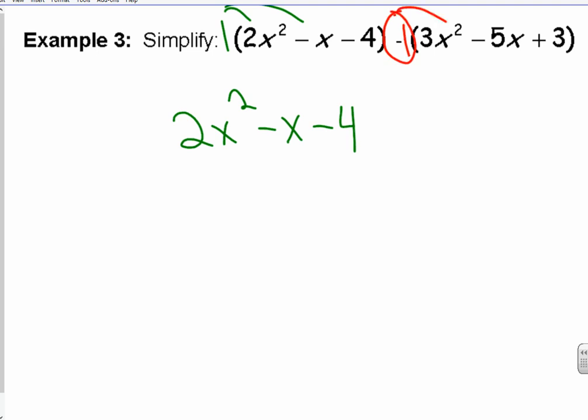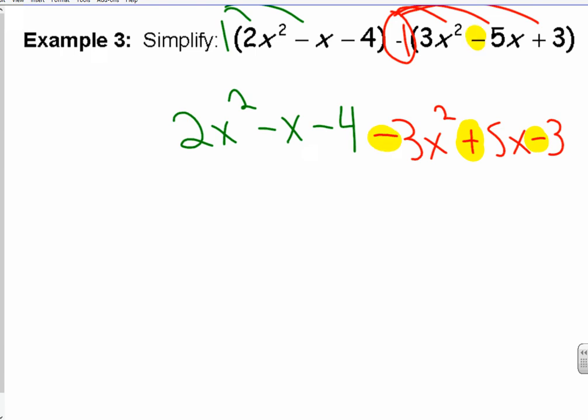And when I distribute that -1, it changes all of the signs. So again, take a look at that. You'll notice it changes all of my signs. So all of my signs are opposite of what they were before. And that's because of this -1. When you distribute a -1, it changes the signs.